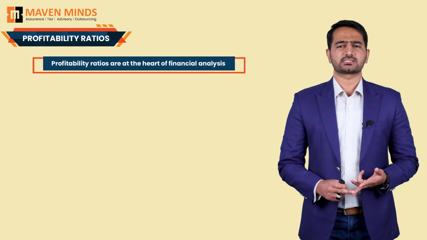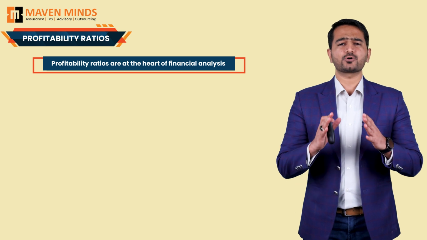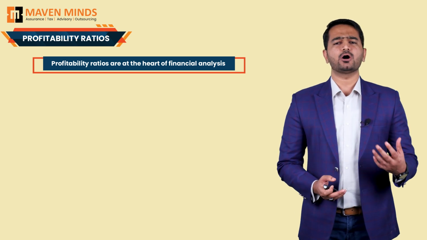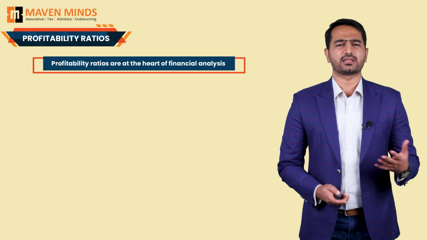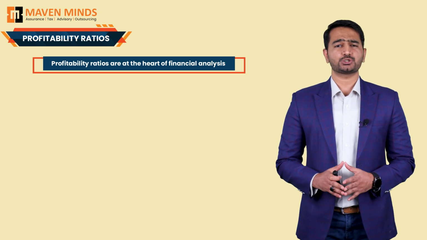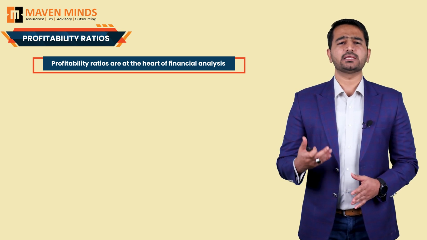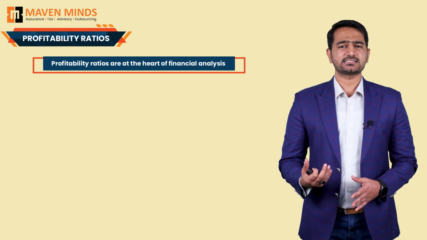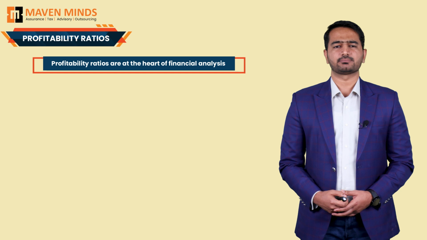Investors, managers and analysts all focus on these ratios because they provide a clear picture of how well a company is performing financially. These ratios reveal whether the company is earning enough profit from its sales, assets, and invested capital.